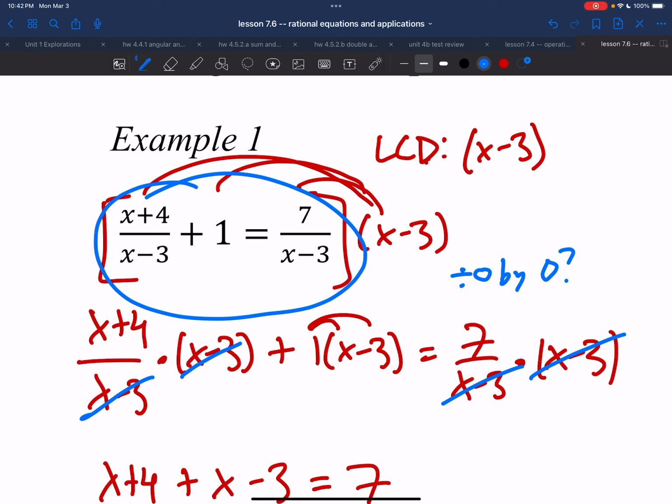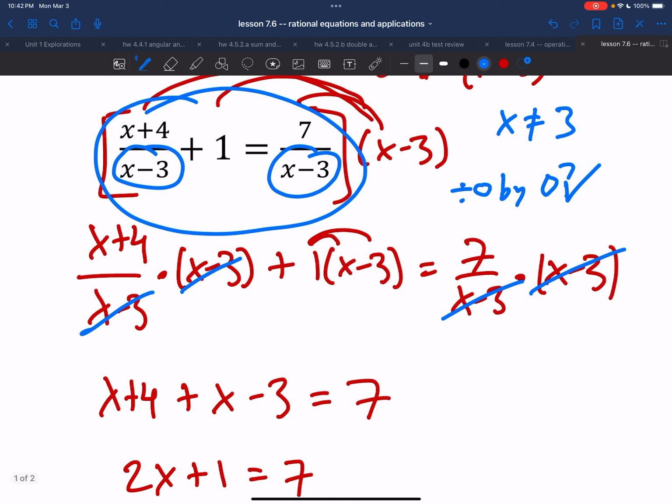Look at your factors in the denominator, x minus 3, both of those. If x were 3, that would cause division by 0, and we don't want that, so we say x is not 3. 3 is not a number you want to plug into this equation because it's going to get you undefined results. And wait a minute, what answer did we get?